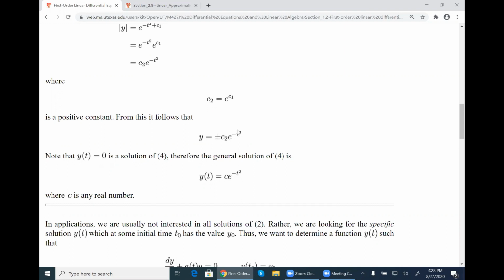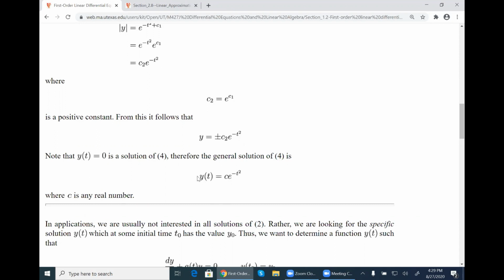Therefore, no matter if we have case 1 or case 2, y of t is equal to c times e to negative t squared, where c is now any real number.